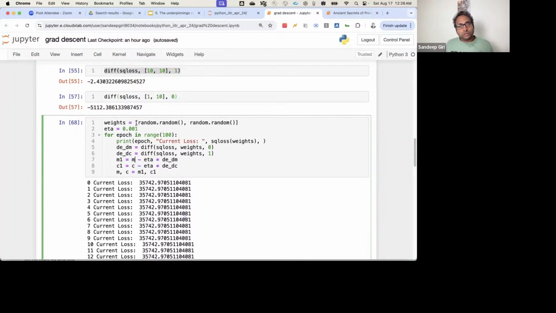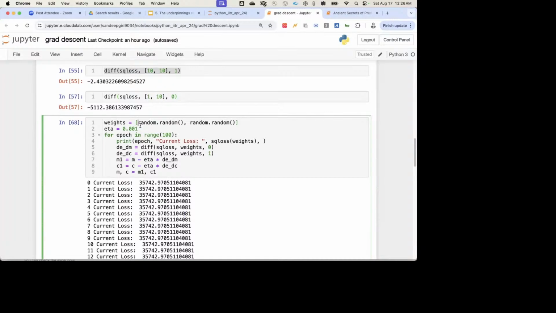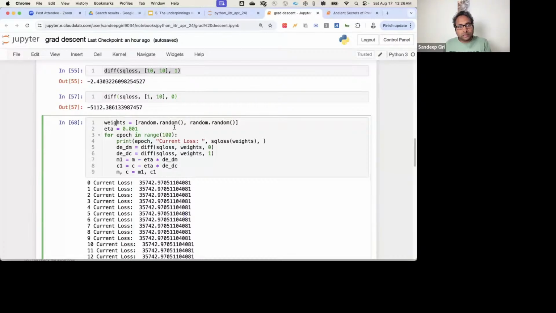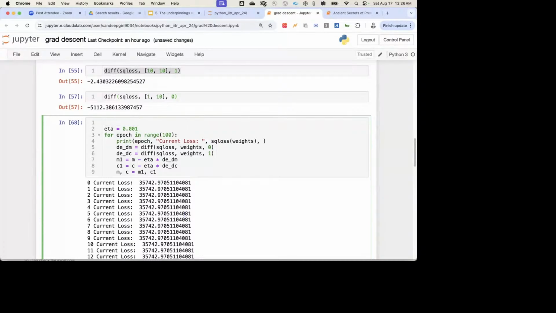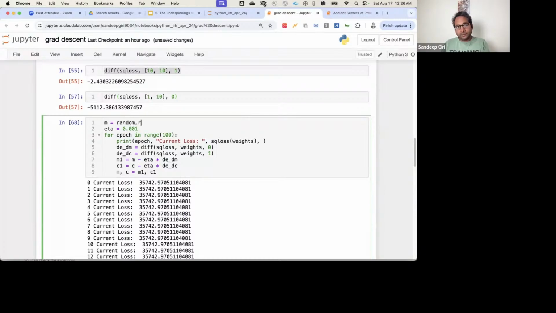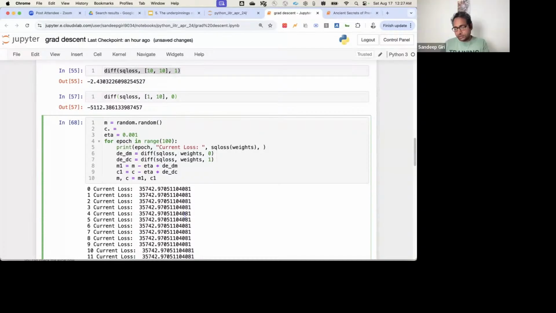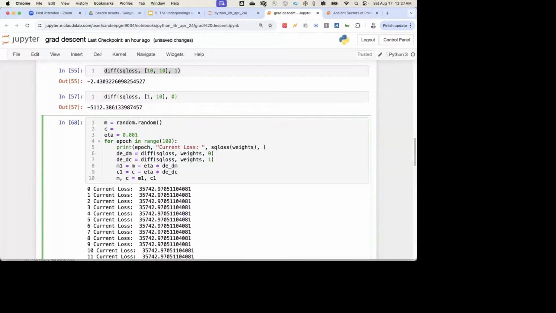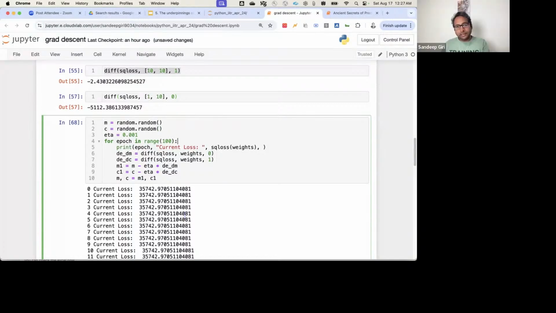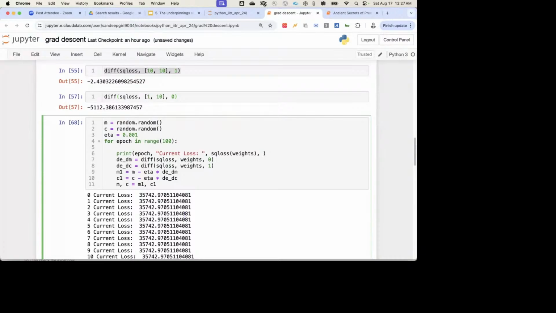We are not using the value of these things properly. So what we're going to do is M equals random.random and C equals random.random.